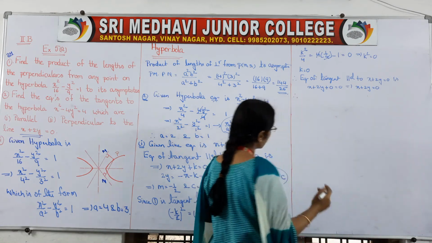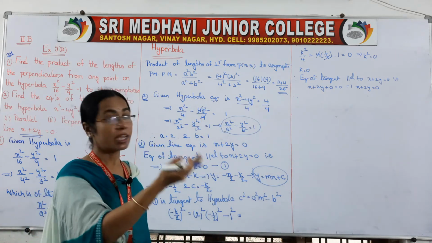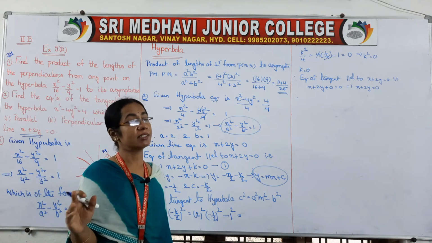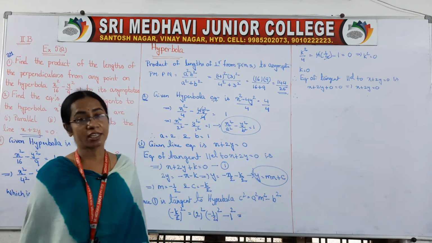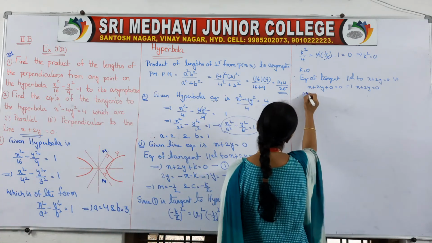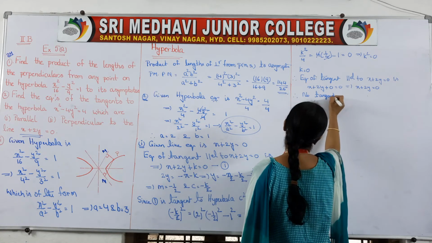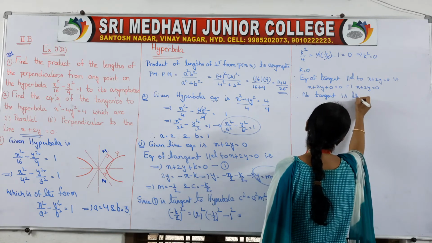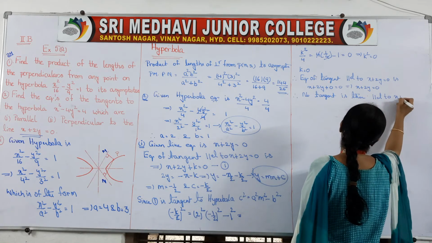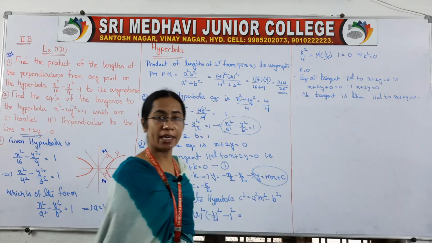That means if we find the equation of the tangent parallel to that line, again we get the same line. That means there is no tangent parallel to x plus 2y is equal to 0 to that ellipse. Okay. So no tangent is there.